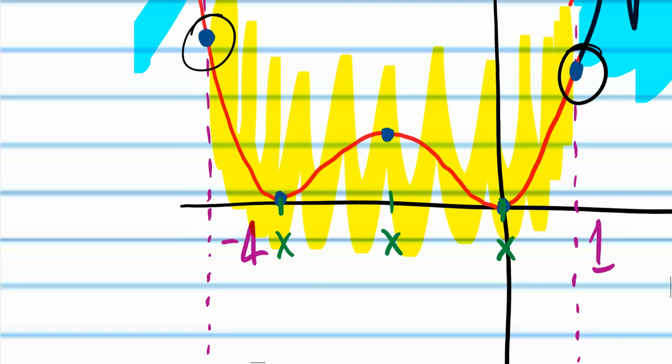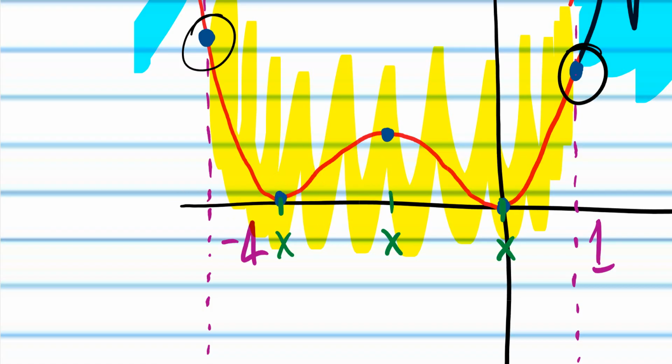Now, what happens as you bring a point closer and closer to the bottom of that valley? Well, what happens is that the tangent line actually levels off, and at the bottom of the valley, the tangent line is actually horizontal. If the tangent line is horizontal, then that means the derivative, which is the slope of the tangent line, should be 0, because the slope of a horizontal tangent line is 0.